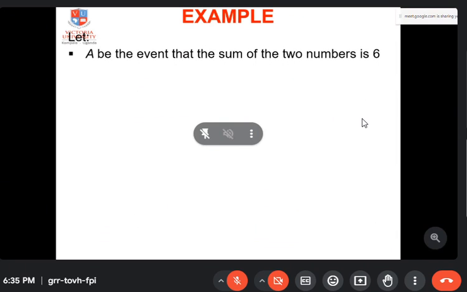I think it is possible that we can have 4, 2. Then we can have 3, 3. It is possible that we can have 5, 1. We can have 2, 4. Yes, sir. I think those are the possible ways.